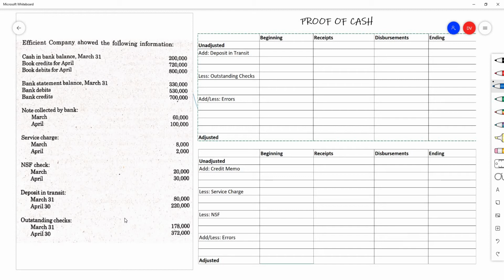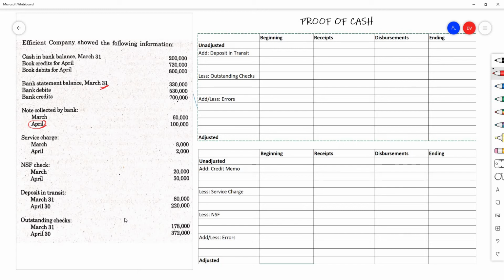Now, we go first with the idea of to-date bank reconciliation. It's called to-date because as you can see here, dalawa yung date na nakalagay. We have March and April. Okay? Now, the main idea here is we're trying to prove the validity of the receipts, disbursements, and so again, March and April.